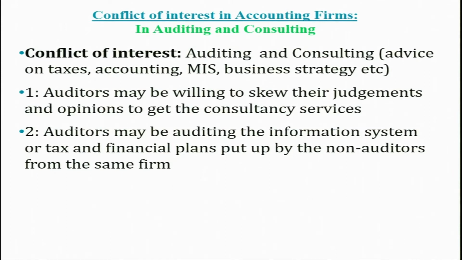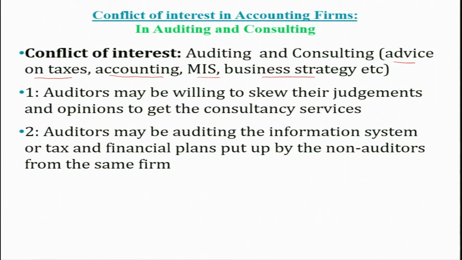The conflict that has received the most attention lately occurs when an accounting firm, as well as providing audit services, also provides non-audit consulting services like tax advice, accounting, management information systems and business strategy, that is strategic advice, which is commonly referred to as management advisory services.